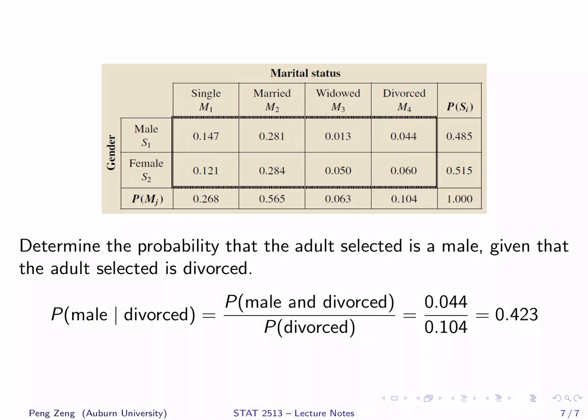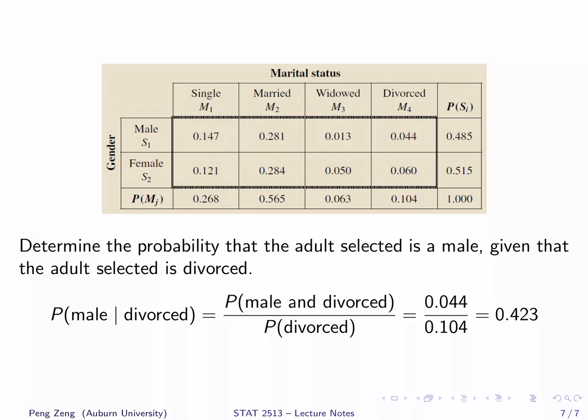What is the probability that the adult selected is a male, given that the adult selected is divorced? This question also asks for a conditional probability. Compared with the previous question, we switch the order of two events. Now, the given event is divorced.